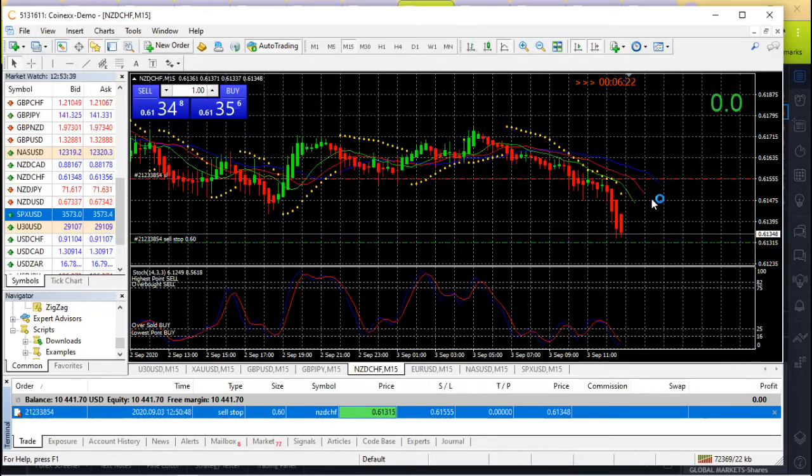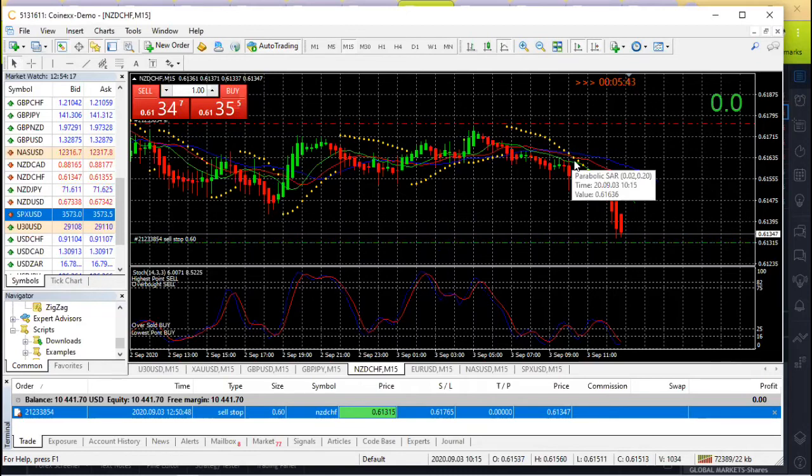With that meaning, say for instance we got in around this area right here. If this was the first PSAR and this was the second PSAR, then this is where I would have placed my stop loss when I got into my trade. But as the trade continues, you see the candles forming and the different PSARs forming, and they're going down, down, down.